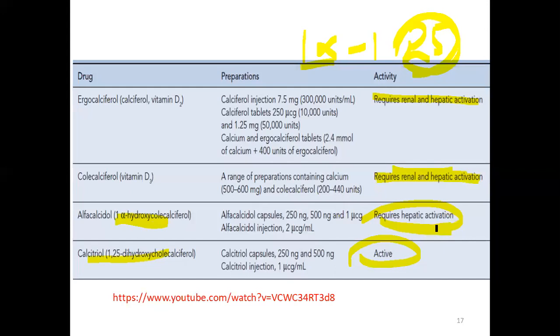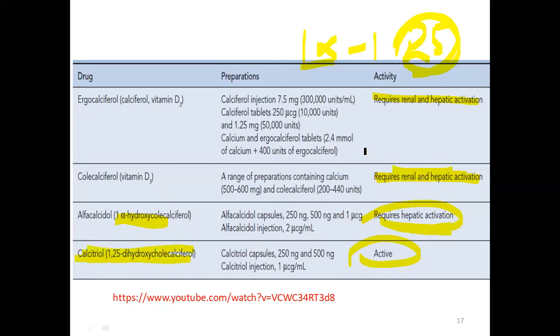So especially if a patient has a liver problem or kidney problem, calcitriol might be the drug of choice, because if the liver is deranged, it cannot effectively activate the other analogs, so this drug will be the drug of choice in the treatment of this condition.